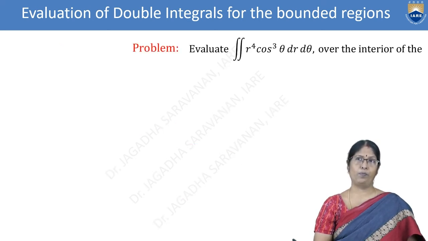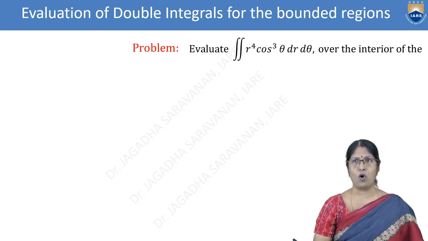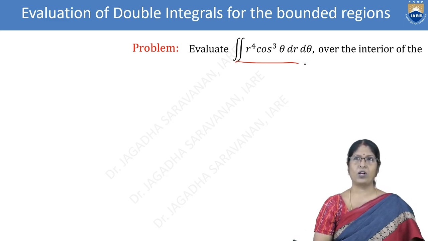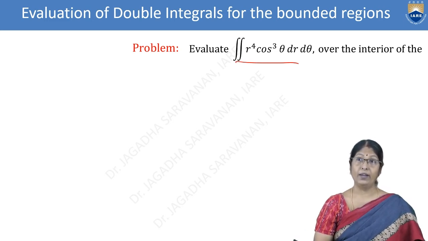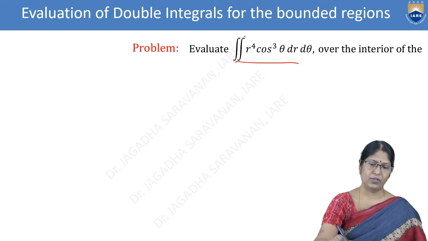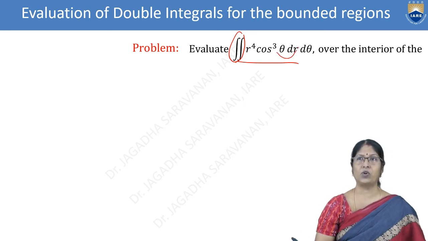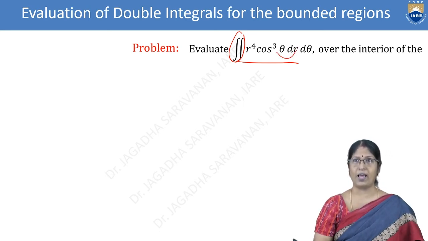So one more problem. We concentrated on 2 problems in Cartesian form. Now this problem is in polar coordinates in double integration. So the simple 2 integrals are there. In double integration, theta and r are dominating, radius and angle.